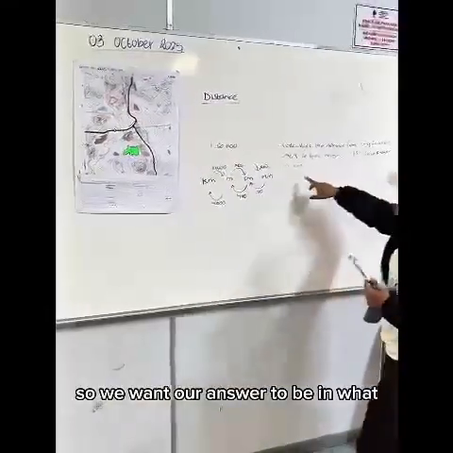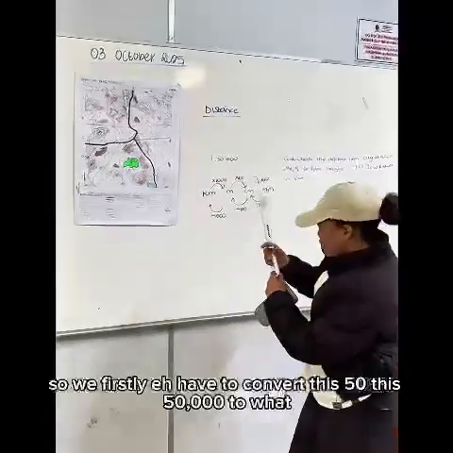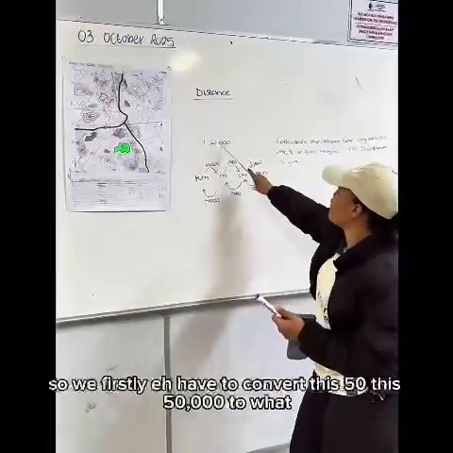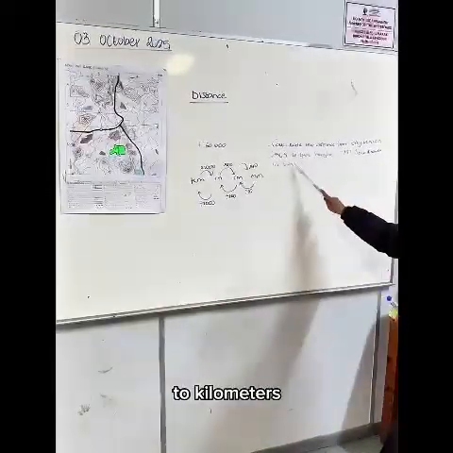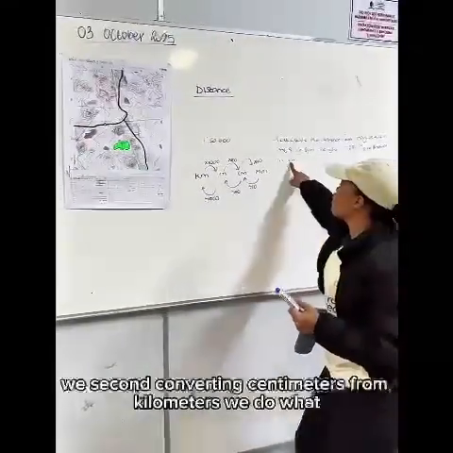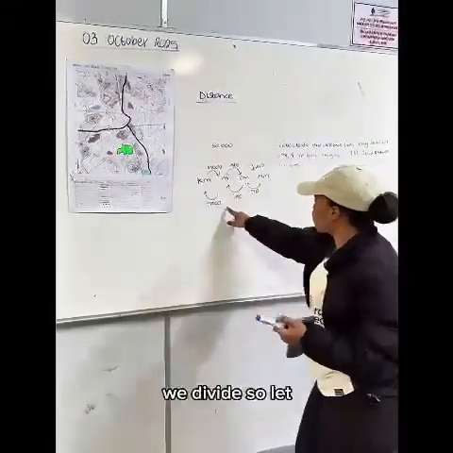So we want our answer to be in kilometers. We firstly have to convert these 50,000 to kilometers. We said when converting centimeters to kilometers, we divide.